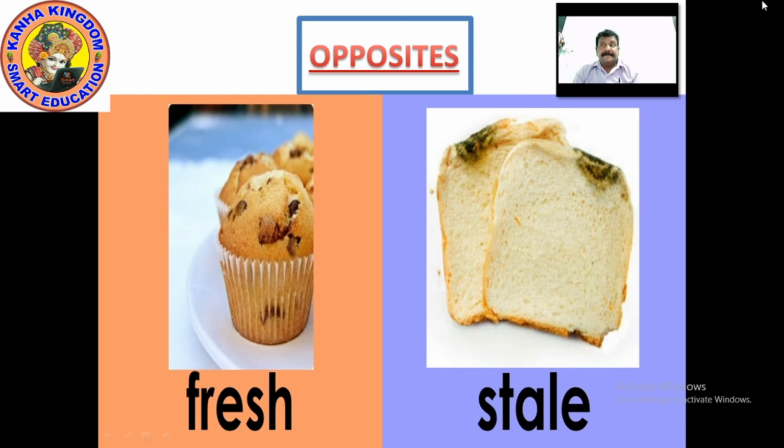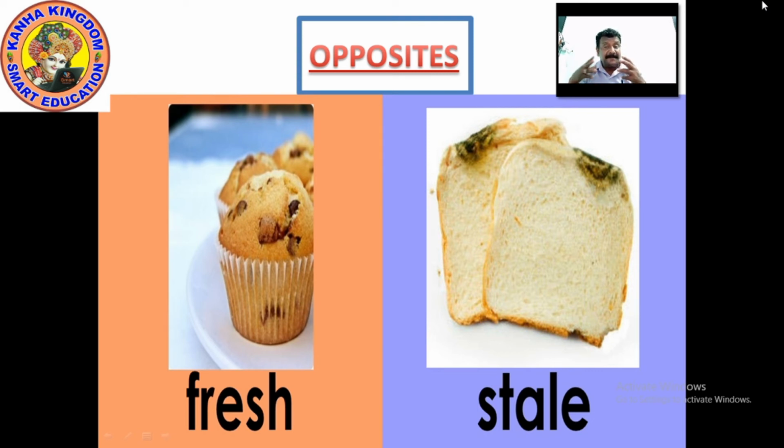You can see the fresh ones. The products which have been cooked in the oven and taken out are the fresh products. This is called fresh. You can see it's written fresh, means it's freshly made, freshly baked, right? And you can see on the right, it is stale. When you say stale, it means you have got a ready-made bread with loaves, and you have kept it for some days. It has become stale. The fungus is seen on the bread.